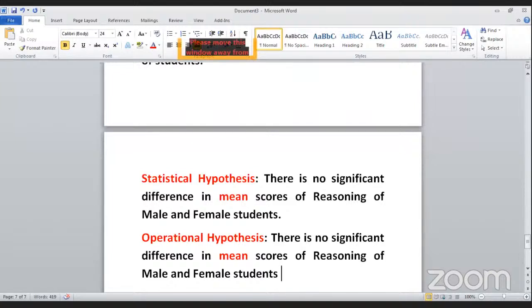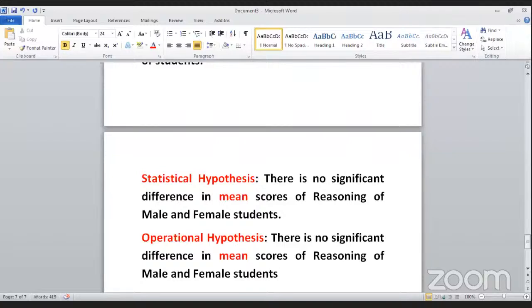So when I am saying operational hypothesis, the operational hypothesis has additional information which the statistical hypothesis does not have. And what is that additional information? It is which tool the researcher will be using, that will be mentioned here.